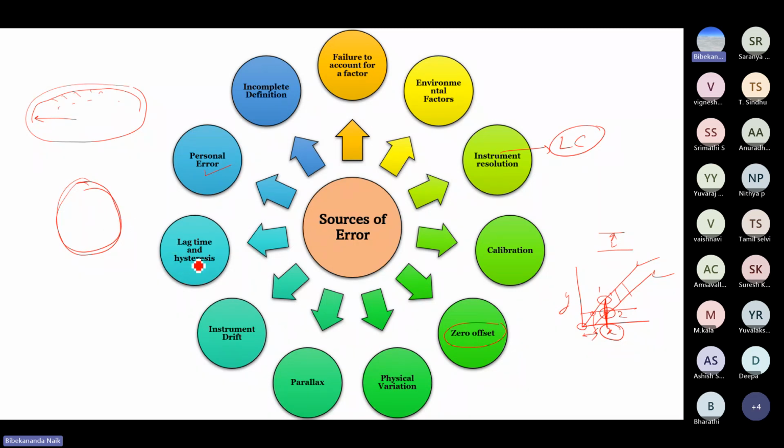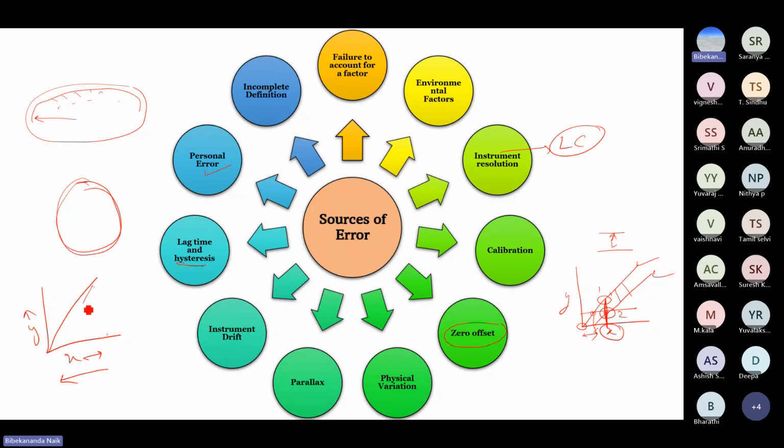And also hysteresis, like we see in the hysteresis curve in the case of magnetic material. Suppose when you increase a variable x, y is increasing in this way, but when you do the experiment in the opposite direction, going from higher value to lower value, then this graph does not exactly match the first graph.